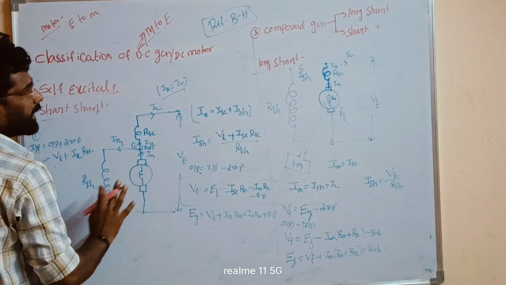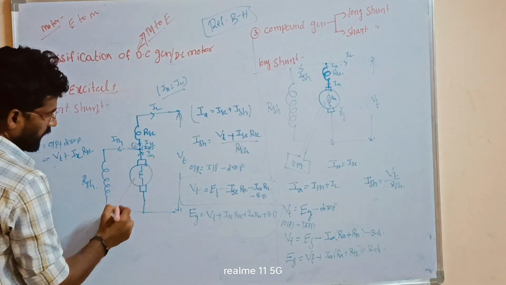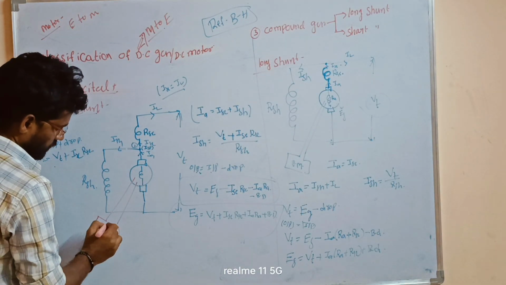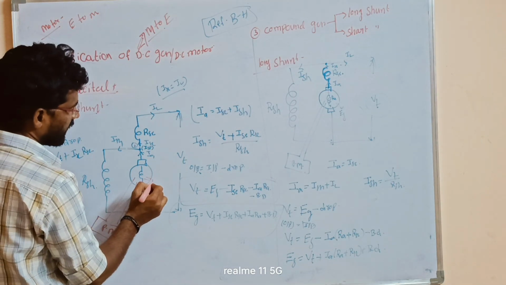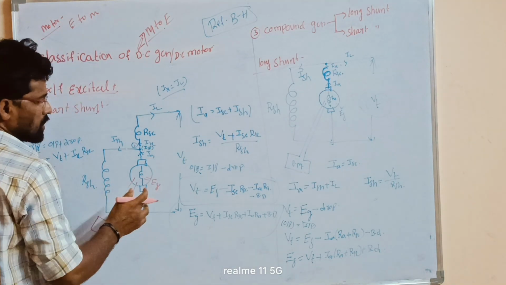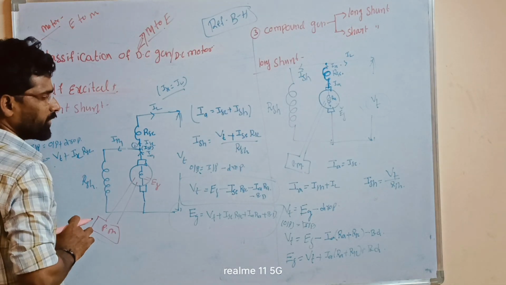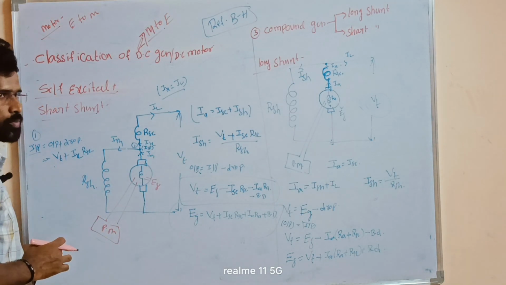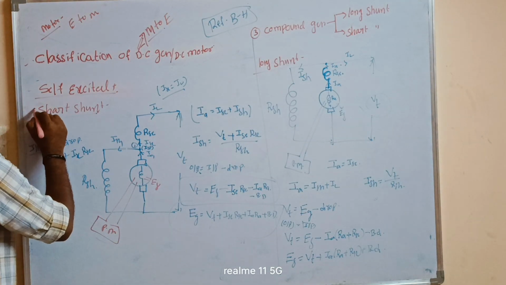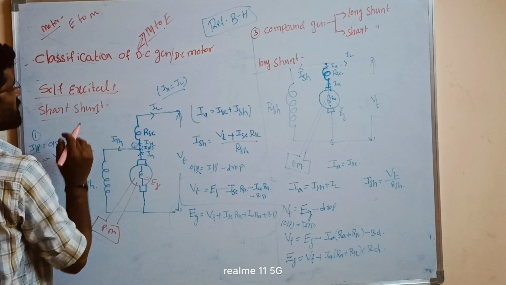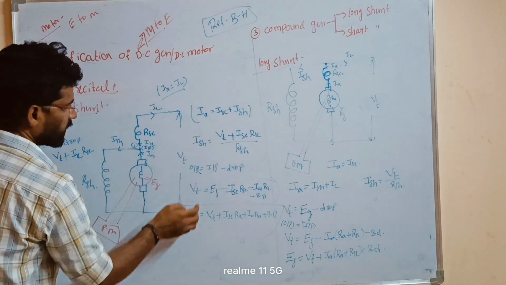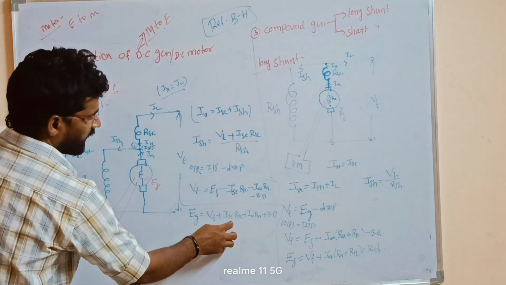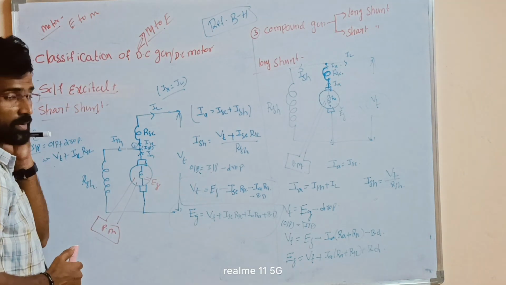Here we are connected to some prime mover, which is the mechanical supply. With the mechanical input we generate some voltage EG, and VT is equal to output. Let us first start with the short shunt generator: EG is equal to VT plus ISC RSC plus IA RA plus VD.